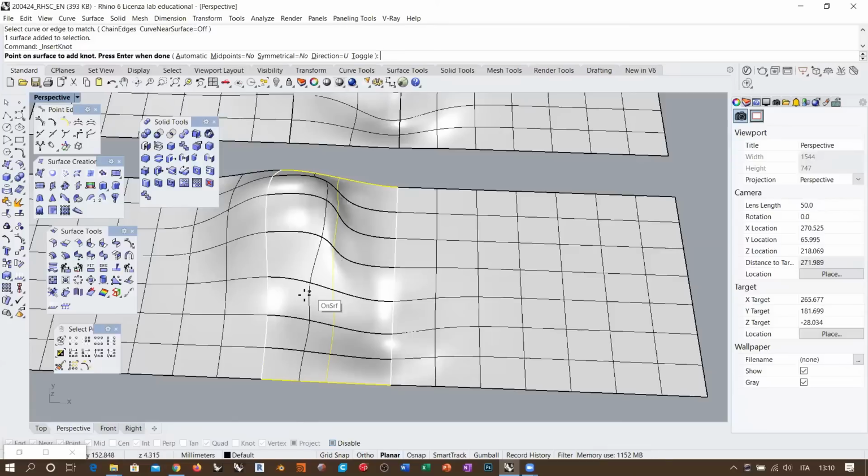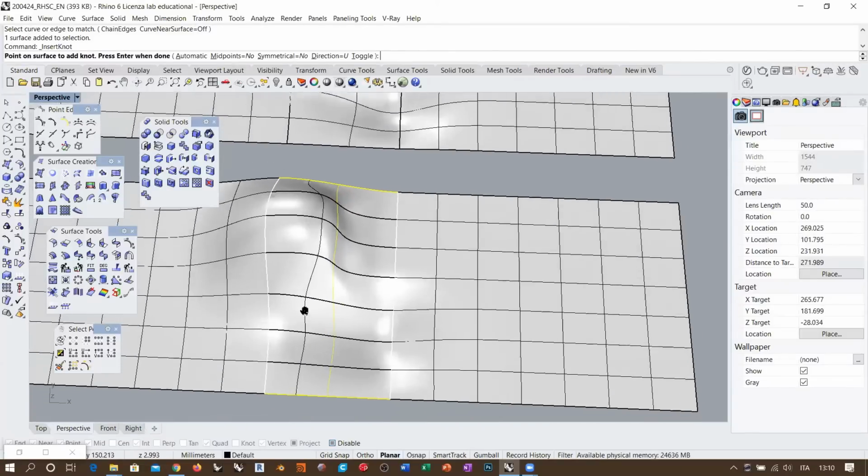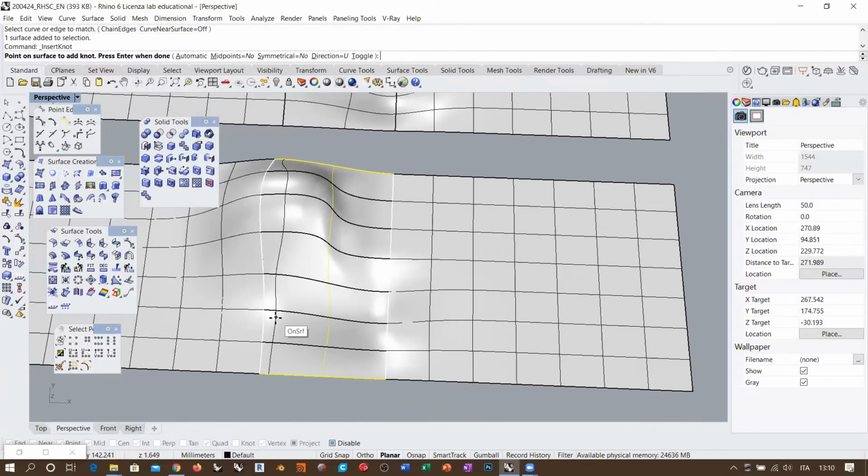You see, what I was about to point out is that I placed a knot line very close to this edge here. So I was creating a very small span, another span here at the center, and a very small span here. This irregular span is actually bringing the third line of control points way too deep inside the surface. But I want, for example, this surface to be curvature continuous with this edge here in this area.